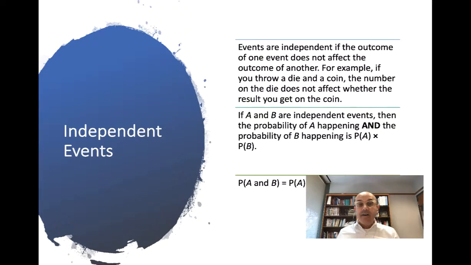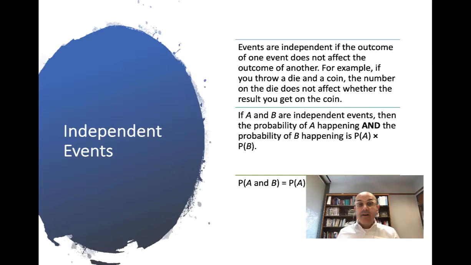We also have the idea of independent events. Events are independent if the outcome of one event does not affect the outcome of the other. For example, if you throw a die and a coin, the number on the die does not affect the end result of the throwing of the coin.